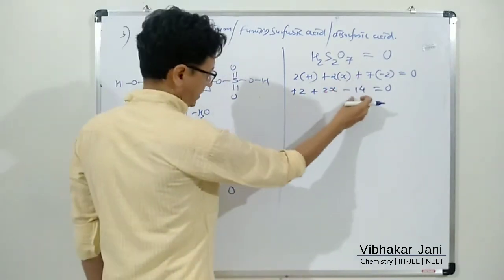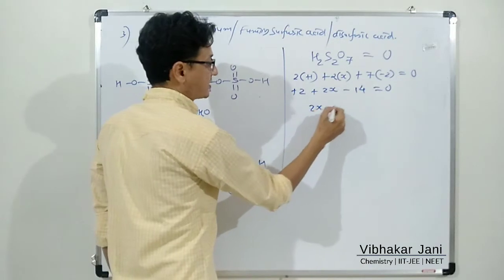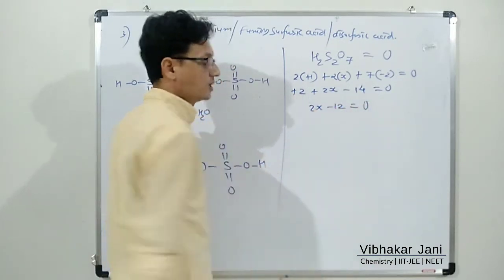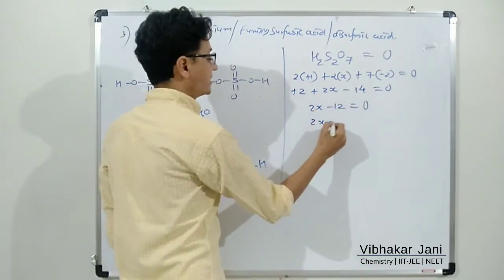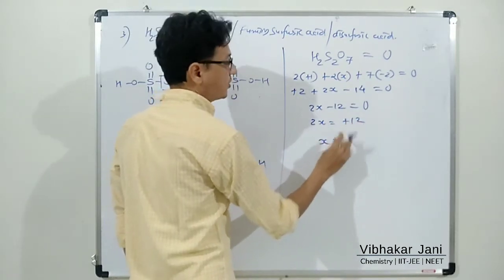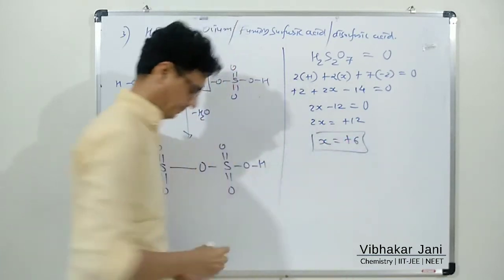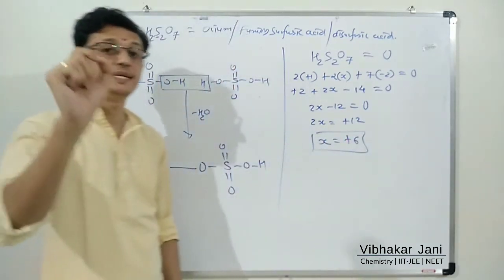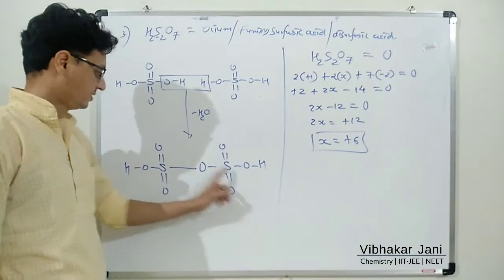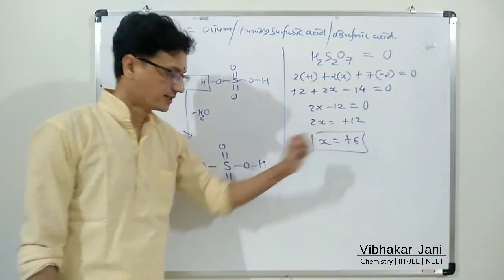So -14 plus 2 is -12. So 2x minus 12 is equal to 0. That means 2x is equal to +12, so x is equal to +12 divided by 2, which gives +6. So the oxidation state of each sulfur in disulfuric acid is +6.